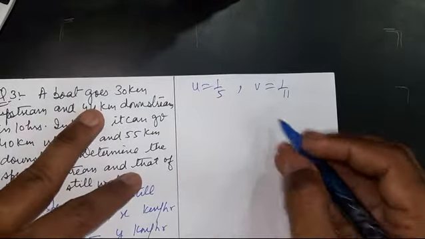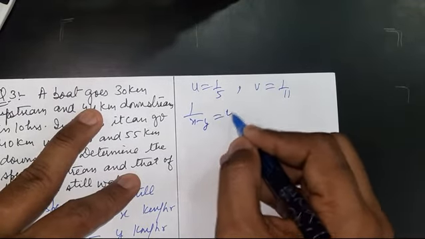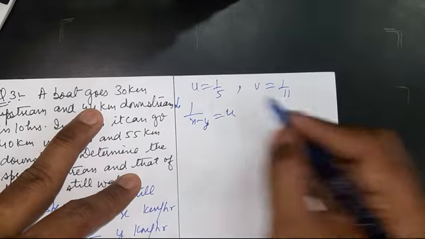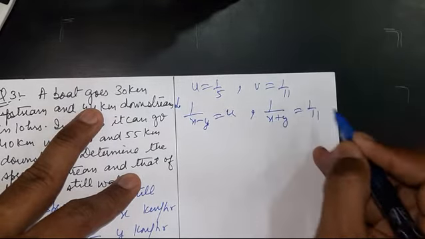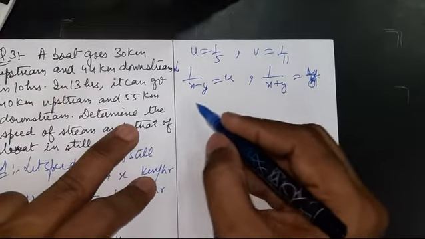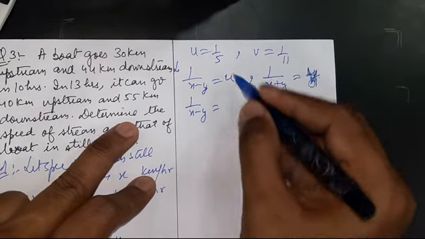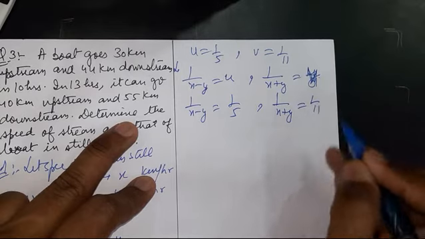But what was u? 1 upon x minus y is equal to u as we have supposed, and 1 upon x plus y is equal to v. So 1 upon x minus y means you put 5 here, and 1 upon x plus y means you put 1 upon 11 here.